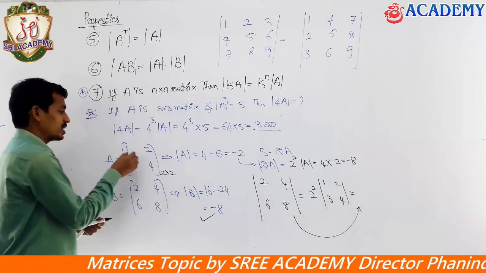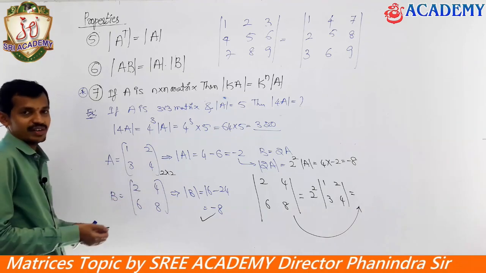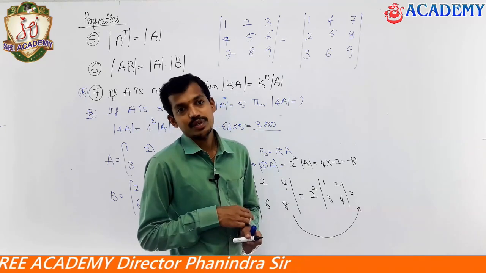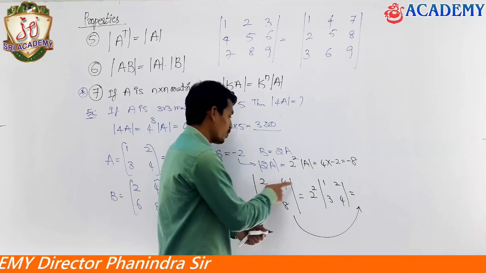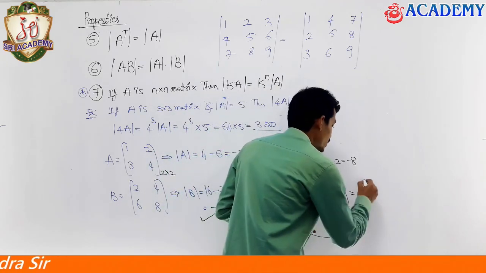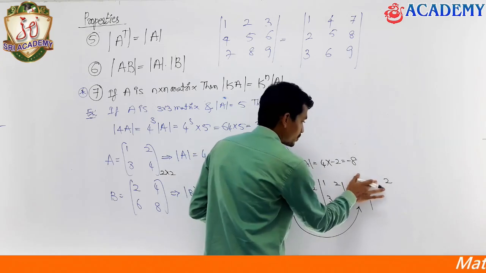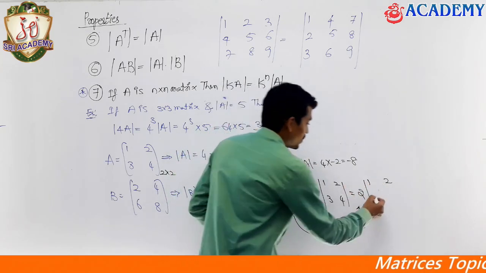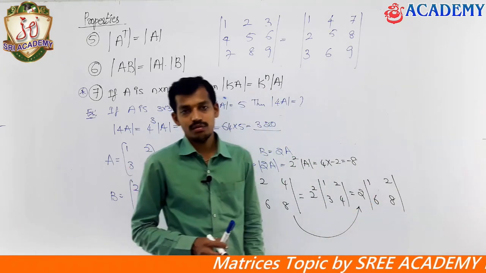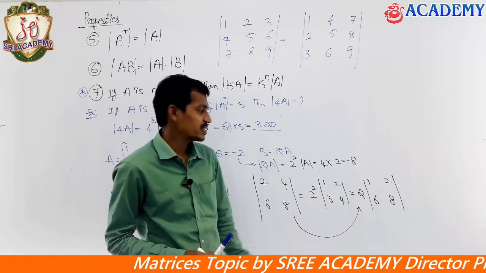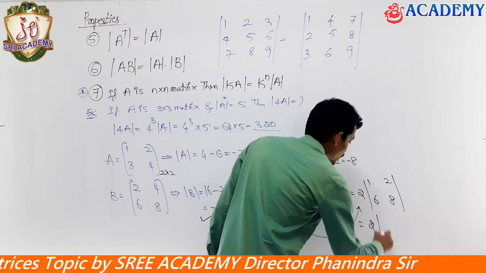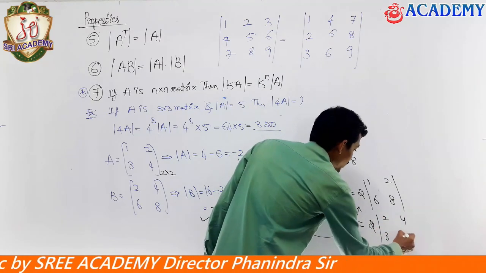Taking common in a matrix means from each and every element, but in a determinant, from one row or one column we can take. If you take common, it is only one row. Here from the first row I take 2 outside, that is 2 into the determinant with first row 1 2 and the same second row 6 8. If you find it, you will get the same answer: 8 minus 12, which is minus 4, into 2 is minus 8. And also we can write this as 2 into the determinant of 2 4, 3 4.